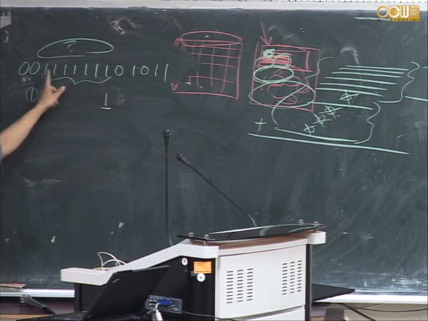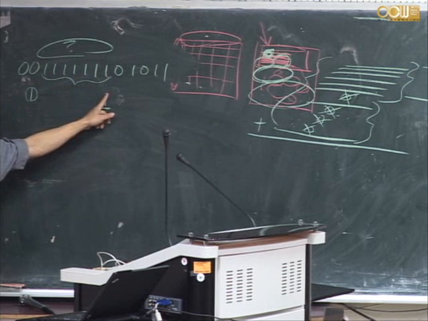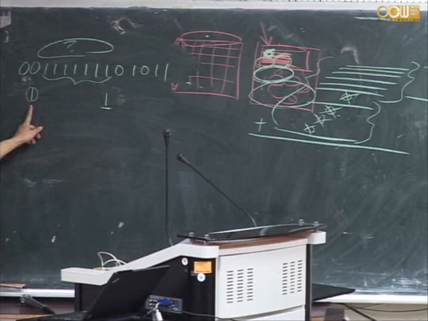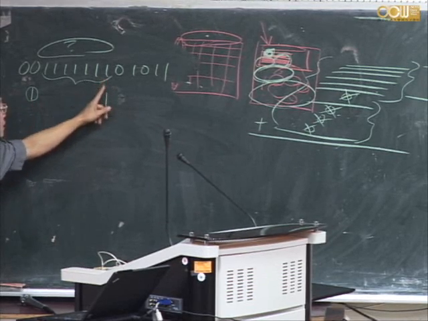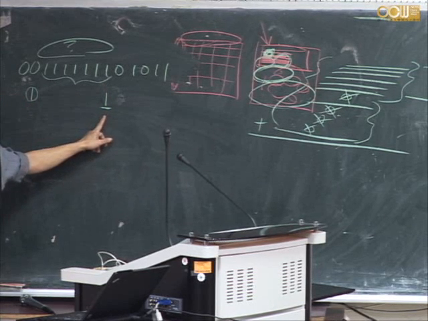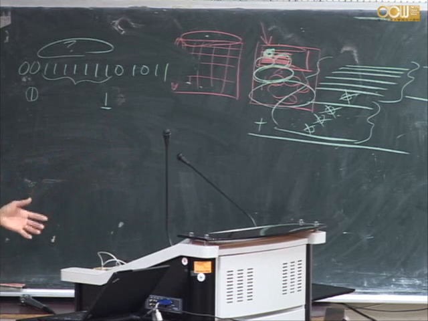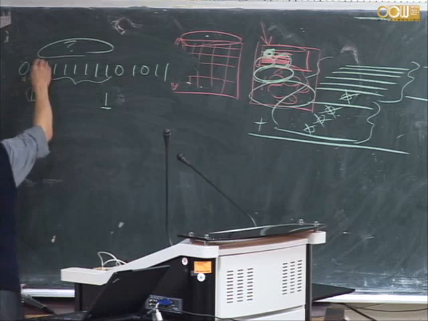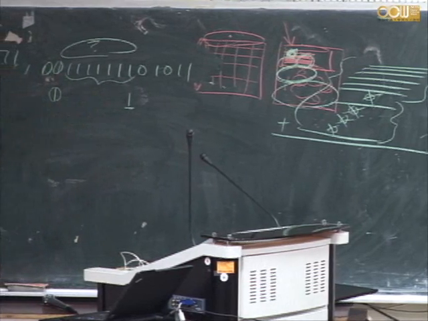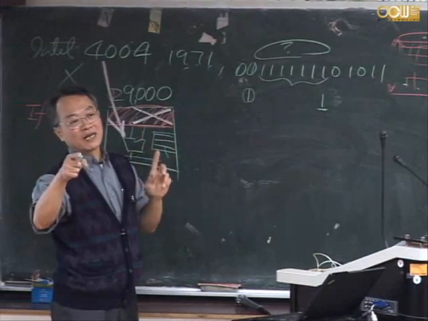As long as you have consecutive ones, they always can be replaced by a higher order 1 and the lowest order minus 1. Do you know how to add minus 1? Easy, take the complement. So no matter how many ones you have, as long as they're consecutive, I can replace them with only 2 operands.